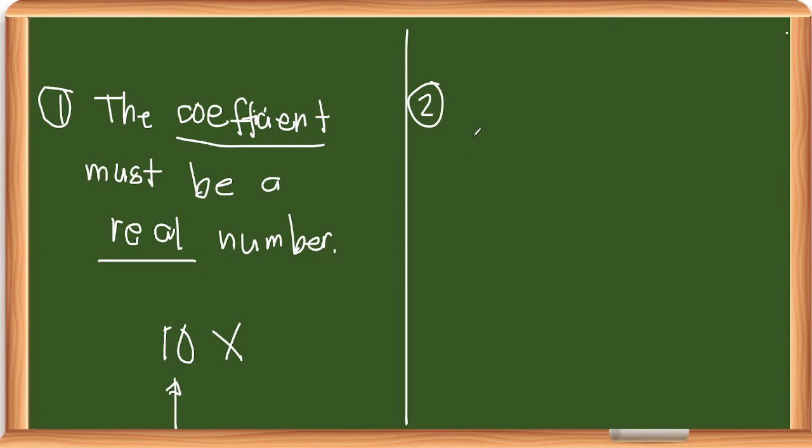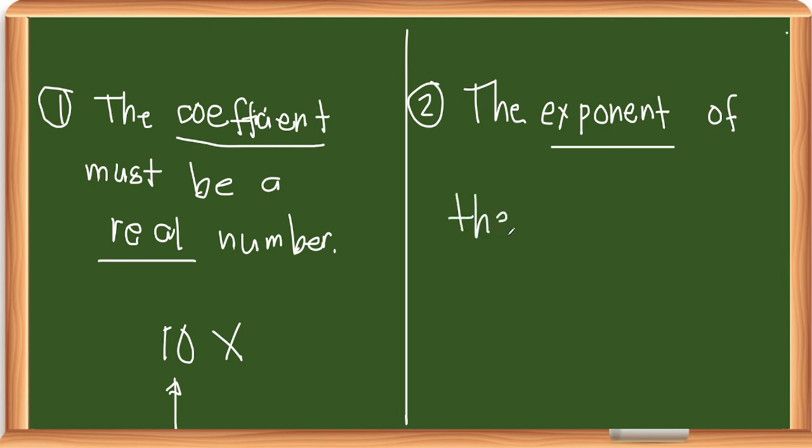But we have to also consider the second condition that I'm going to tell you. The second condition is that the exponent. The main word here is exponent. The exponent of the variable. You must concentrate on the exponent of the variables itself, not the numbers.